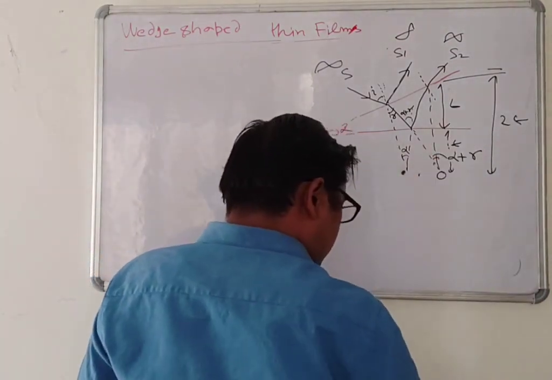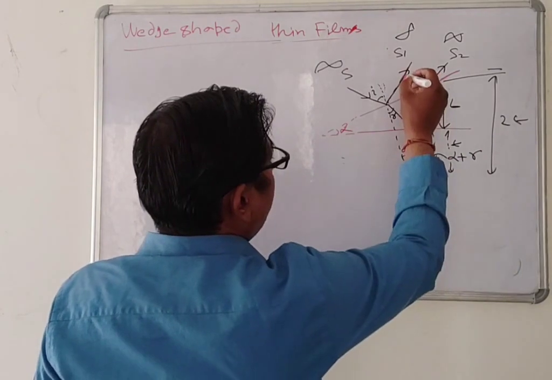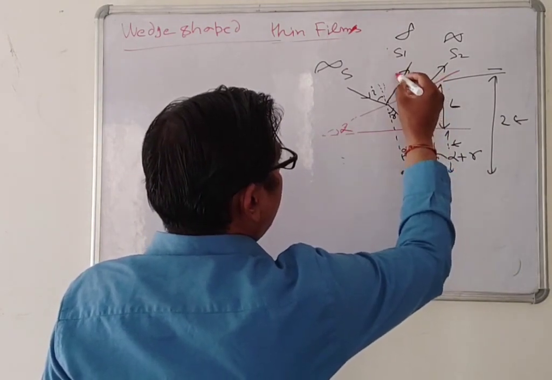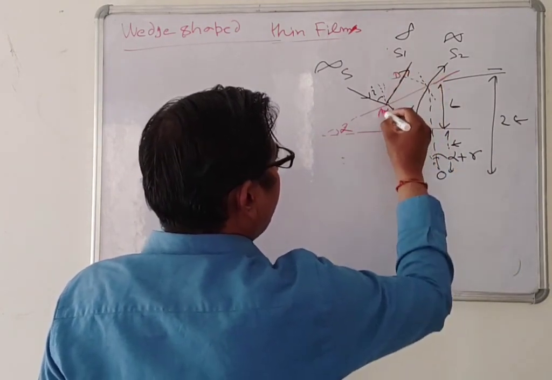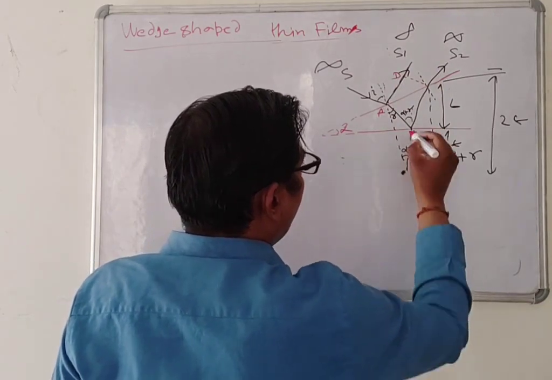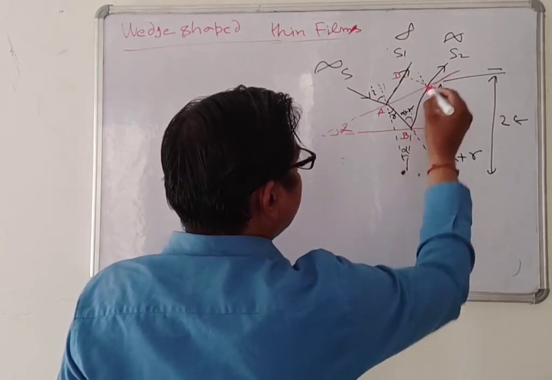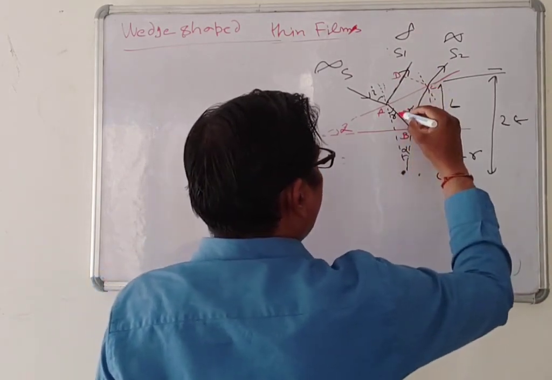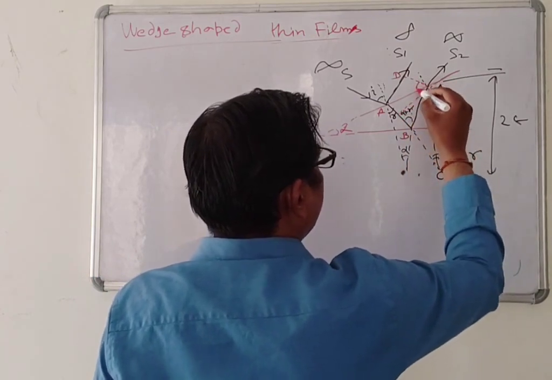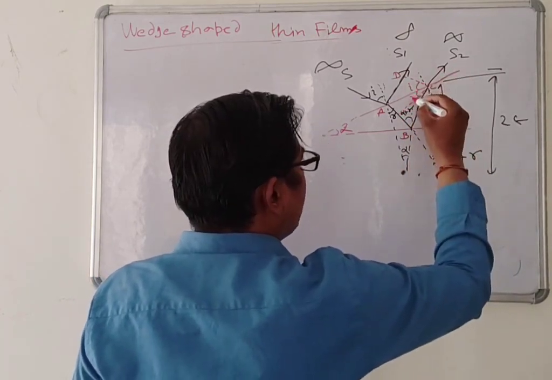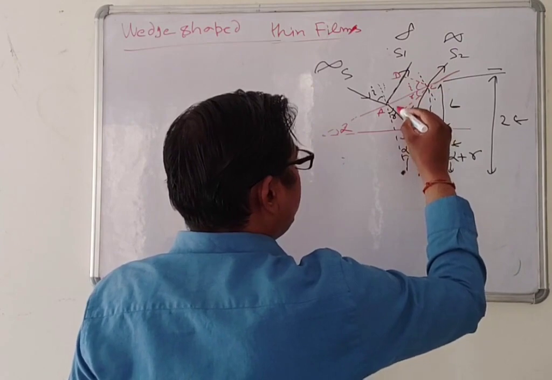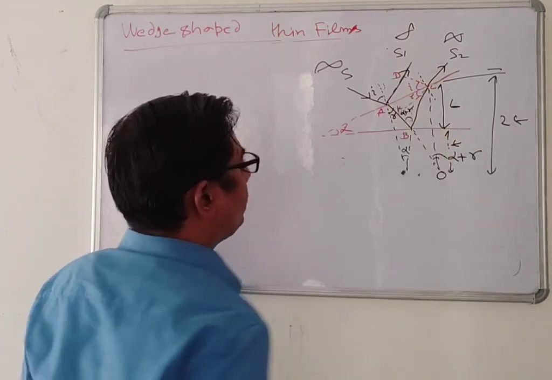When you draw a perpendicular from here, D, A, O, B, C, this angle is i, this angle is r, and this point is known as K.